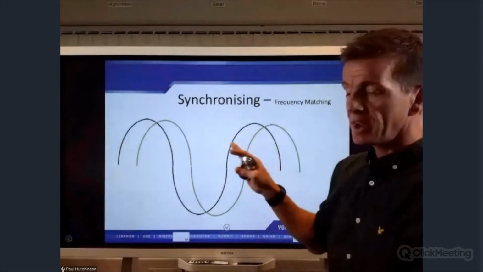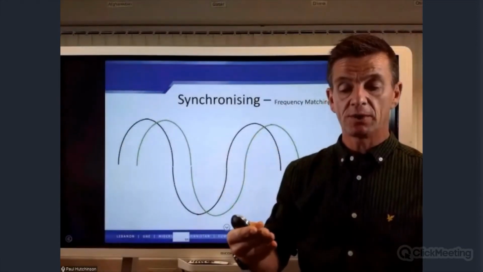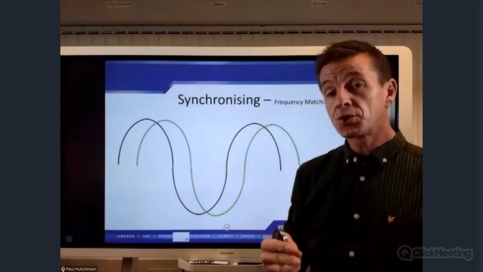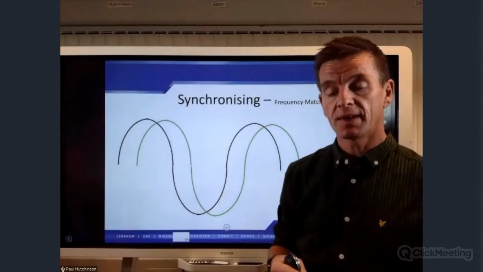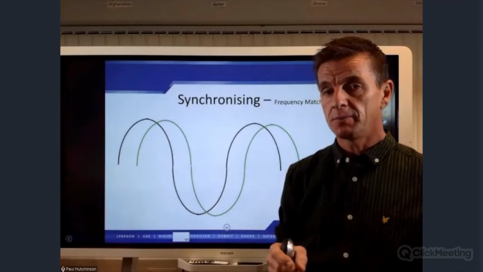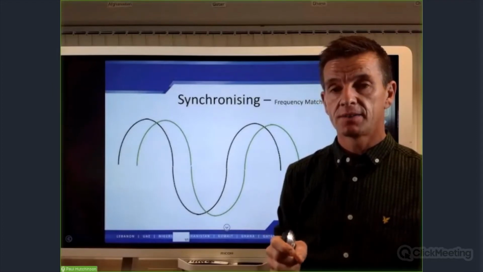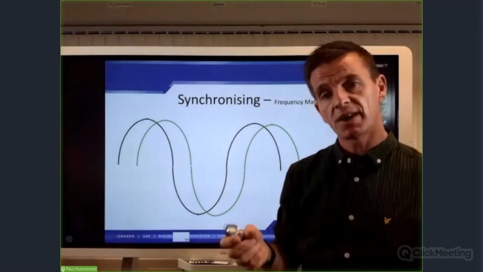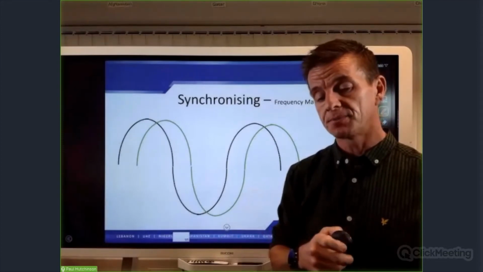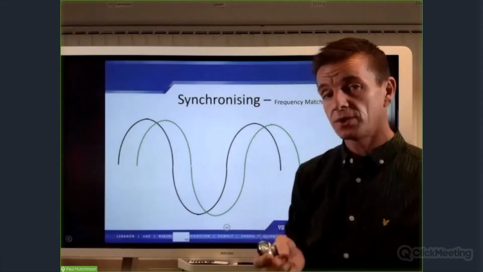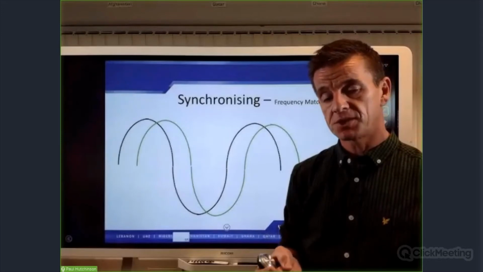So as we said, synchronizing is a word we use. It covers three main fundamentals prior to paralleling or synchronizing our supplies together. The first one of those is frequency matching.